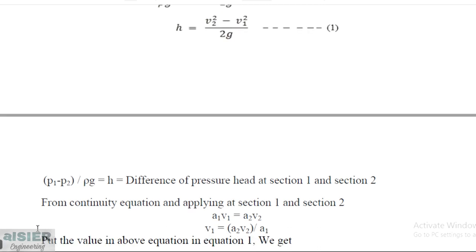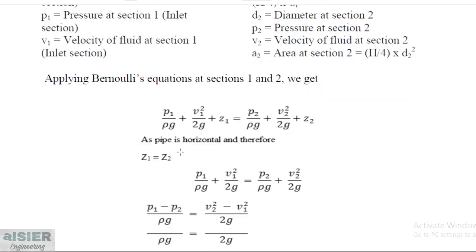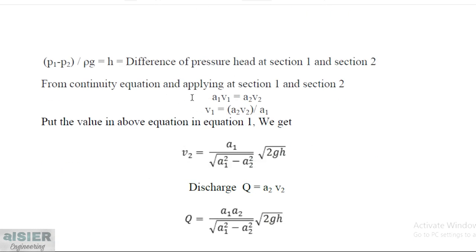Now we need to apply the continuity equation here. Our continuity equation says that the discharge flowing through section 1 is equal to the discharge flowing through section 2. Here discharge is nothing but the product of area into velocity. So the product of area into velocity at section 1 is equal to the product of area into velocity at section 2.